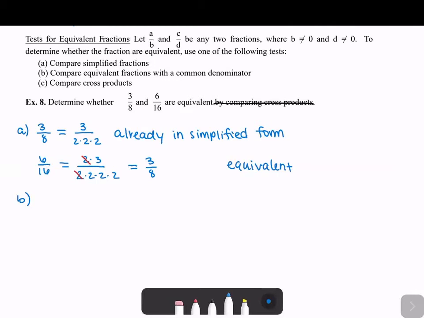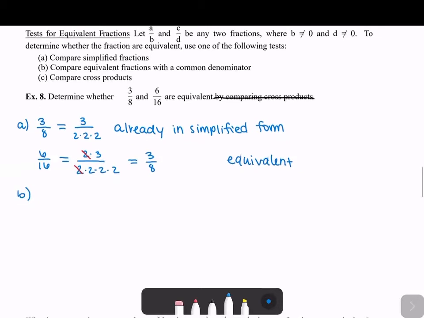If you're trying to find a common denominator between 8 and 16, you can either increase the denominator of 8 to 16 or decrease the denominator of 16 to 8. So let's go ahead and increase it to 16 just so it's a little bit easier. So if we want to have 3 over 8 have a denominator of 16, we multiply it by 2 over 2.